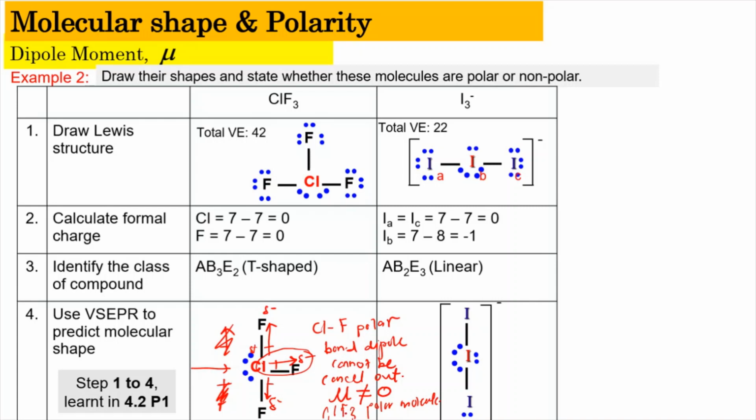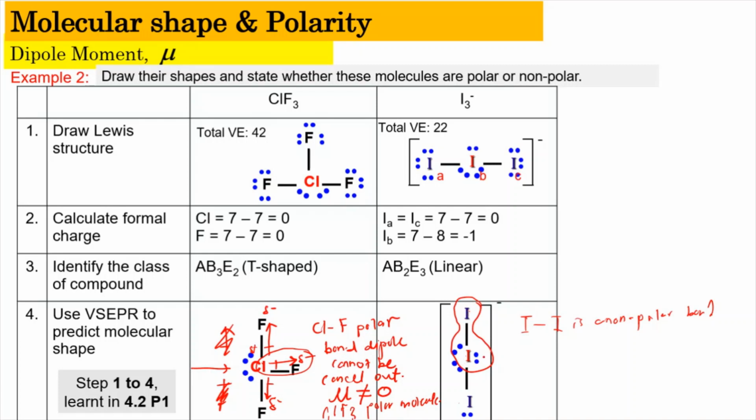Alright. Now, how about this one? I₃⁻. So the I and I came from the same atom. So when they came from the same atom, the electronegativity is the same. So you know that the I and I is a non-polar bond, because the electron distribution is the same.